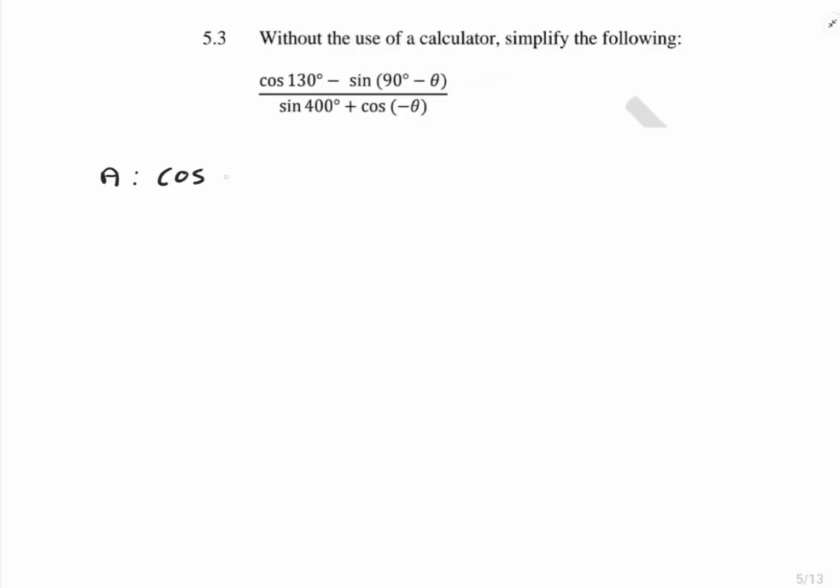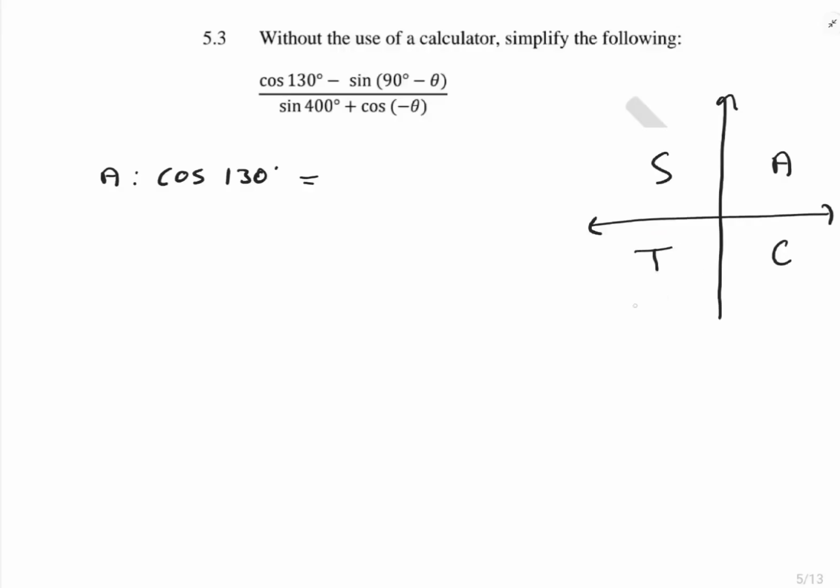We have cos 130 degrees. Let me draw my Cartesian plane on the side, as it is useful. We have CAST, so this is the third, second, first, and this is the fourth quadrant. The second quadrant is 90 degrees plus x, or 180 degrees minus x.